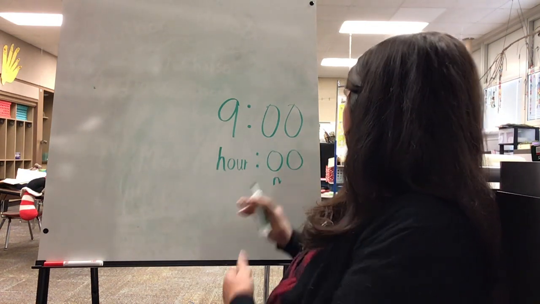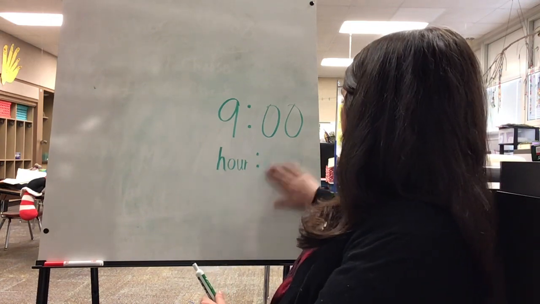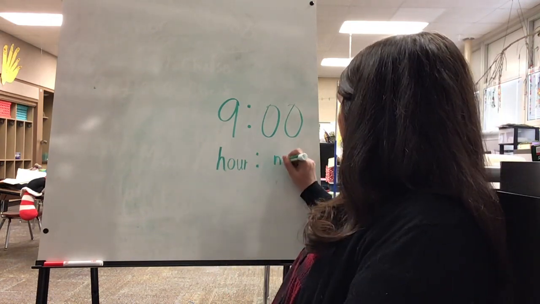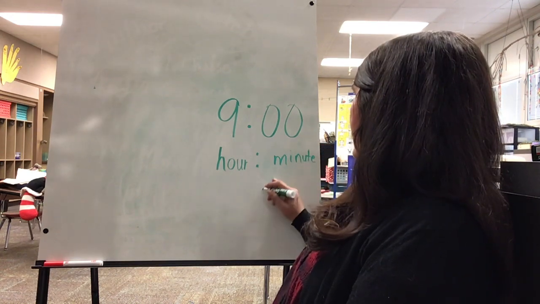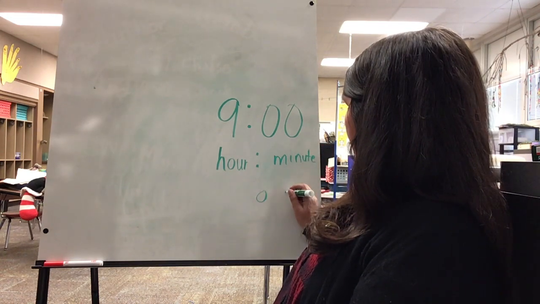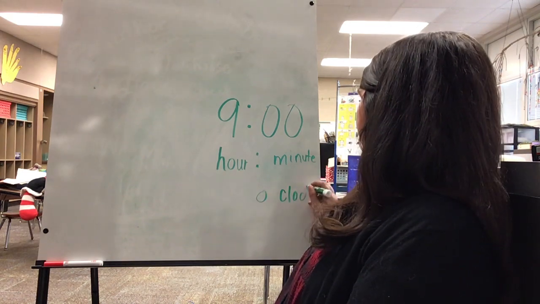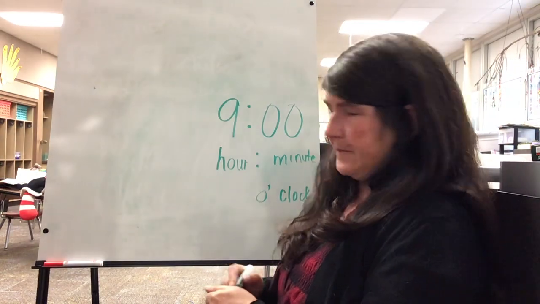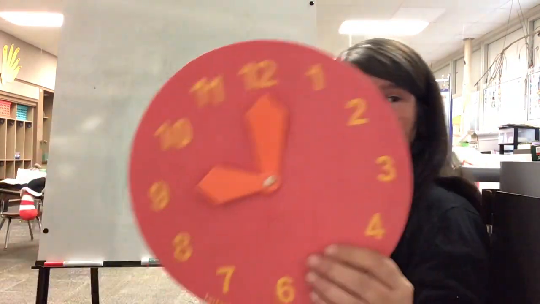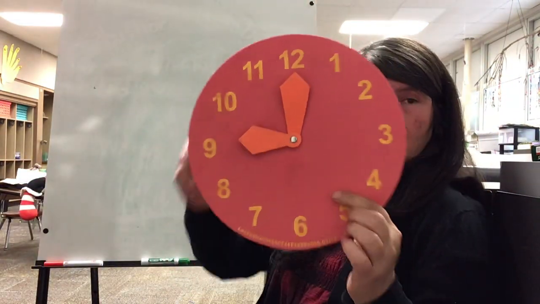So this is minutes. Oops, I should write minutes there. So when the minute hand is pointing to 12, the way that we say that is o'clock, right? O'clock. So this is 9 o'clock.